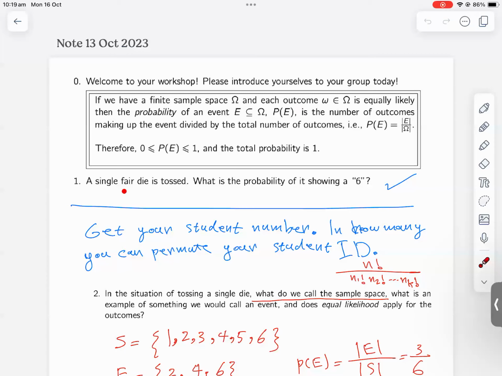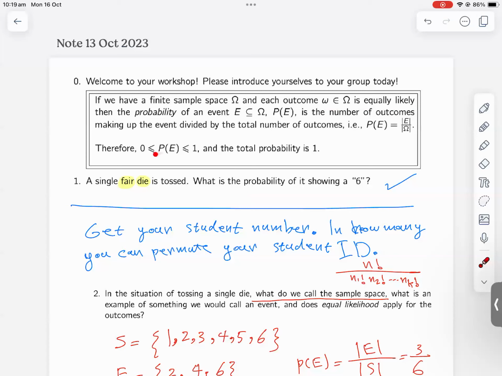So a fair single die, the key is to be fair, and a die is usually a six-faced cube. So we know that the probability of getting any number, including just six, will be 1/6.